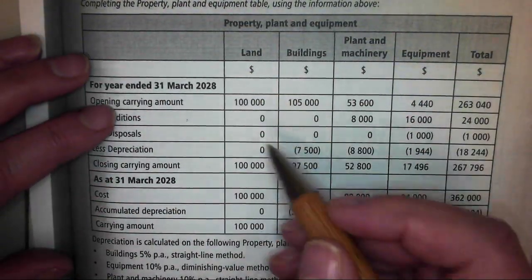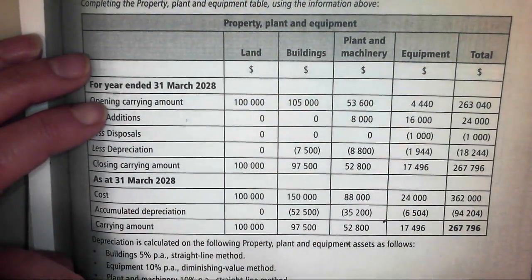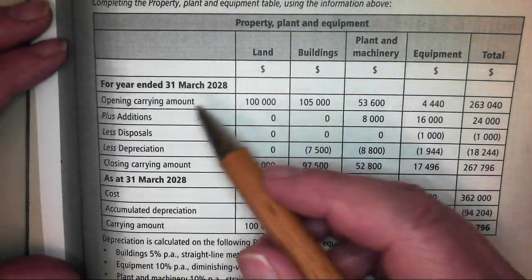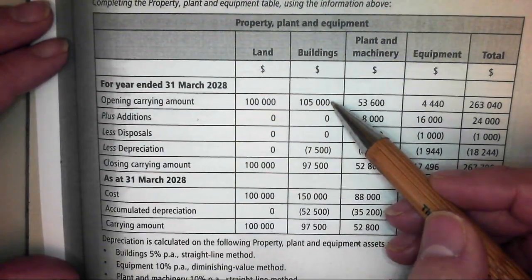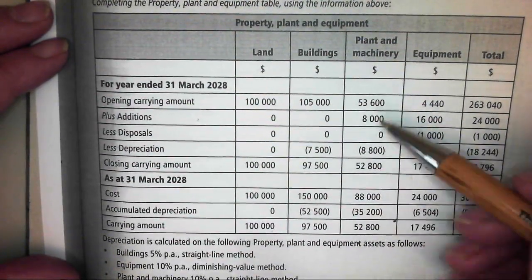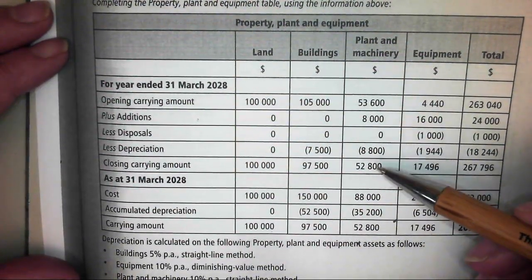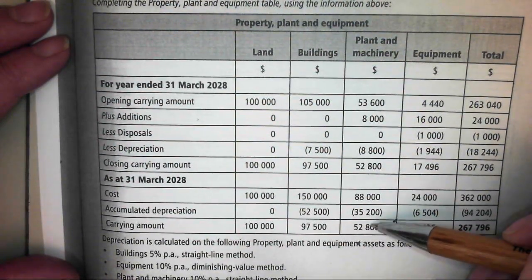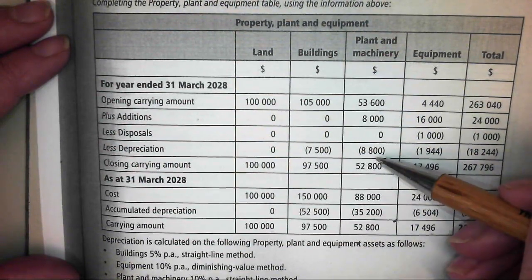Just look at this note here. Sometimes they will give you the opening carrying amounts. Basically, therefore, you have to look at there and say, right, so if I've got an asset, for example, in this case, my plant and machinery, I know that my carrying amount at the end of the year is going to be 52,800 because I've worked it out that way.